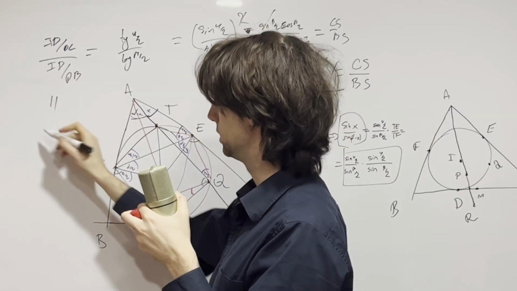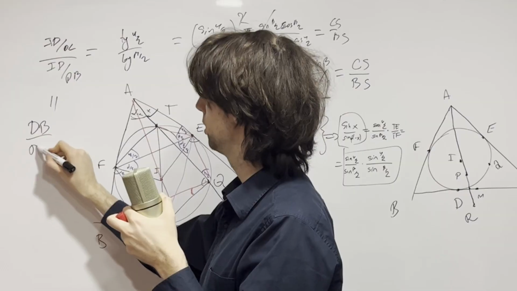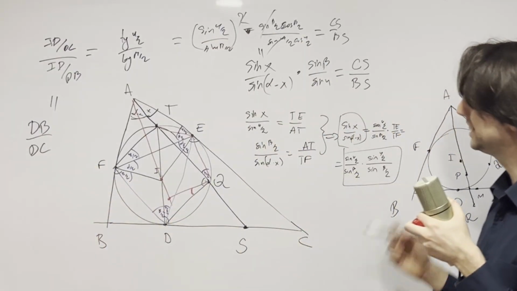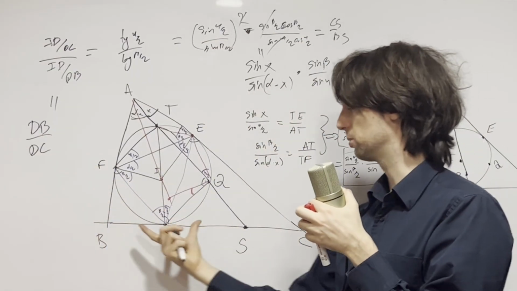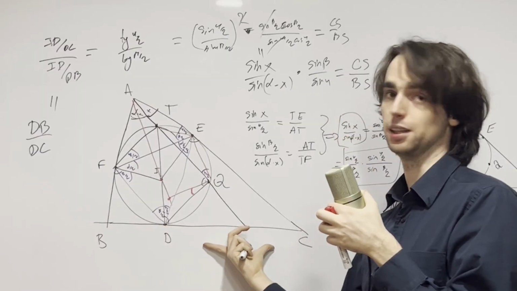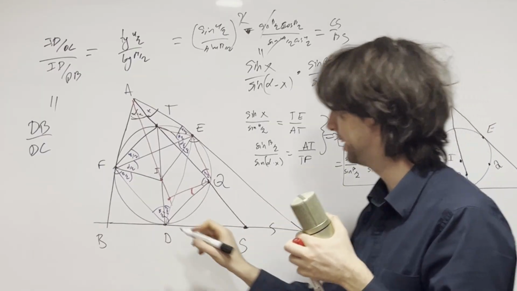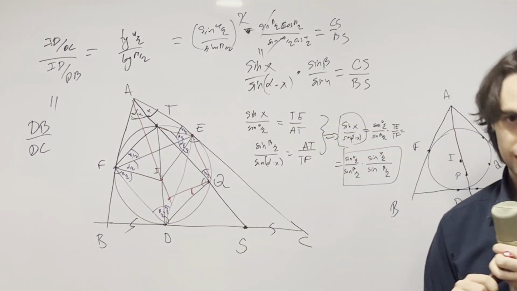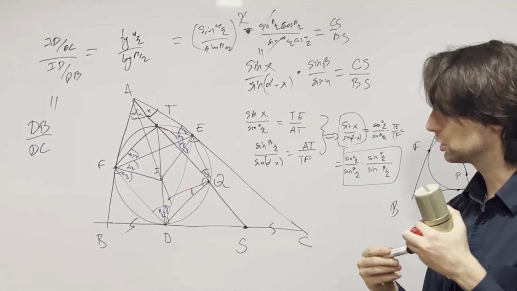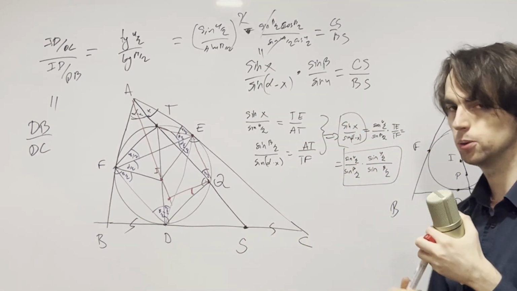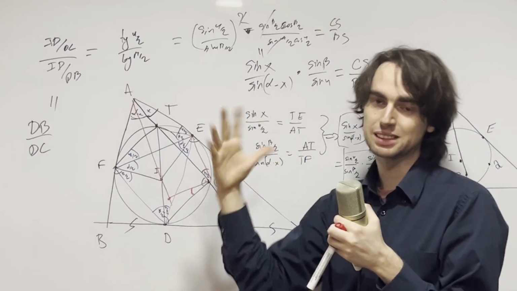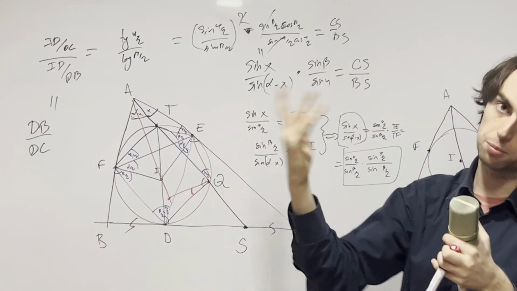In other words, this is equal to DB over DC. So we have CS over BS, this over this is the same as this over this. Add 1 to both sides and you get that CS is equal to BD. And this is also a lemma, somewhat well known, and it's good to keep these lemmas in mind. But this is one way of motivating that.